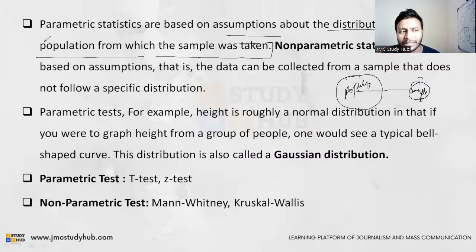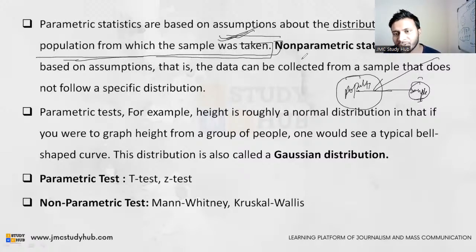So here it is saying that for the population from which the sample was taken, we will see what the distribution of your population is. If it is based on assumptions about the distribution of the population, then it is called parametric.